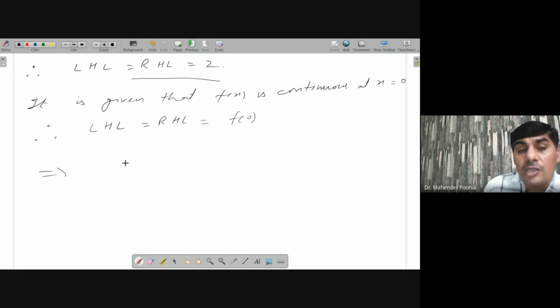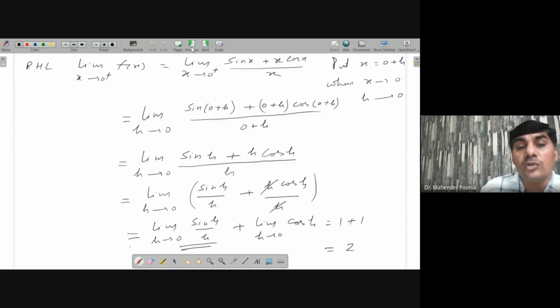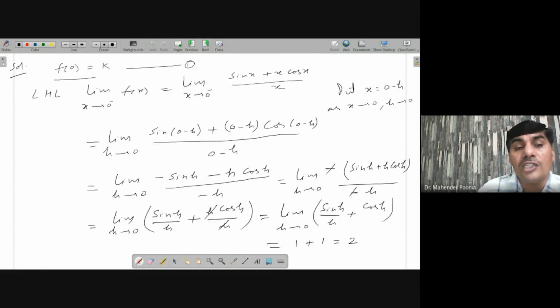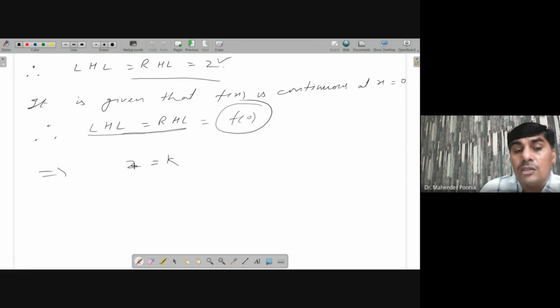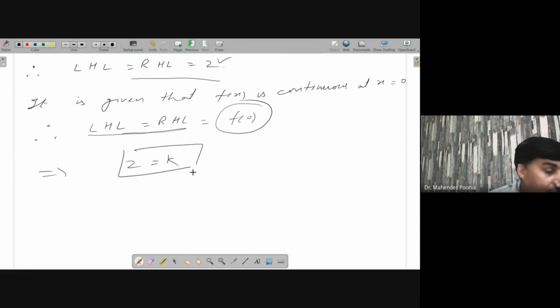This implies 2 is equal to k, because left hand limit and right hand limit are equal to 2, and f of 0 is equal to k from equation number 1. So k is equal to 2 is our required answer.